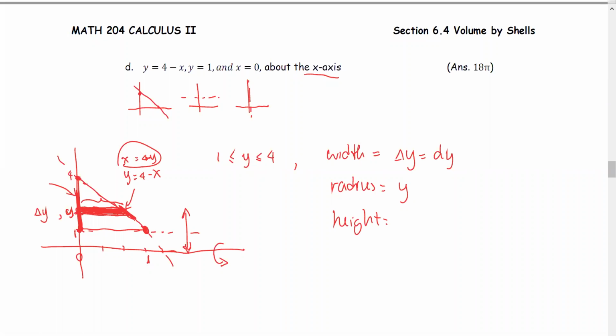The left function is the line x equals 0. So the height is the right function minus the left function, 4 minus y minus 0, or just 4 minus y.